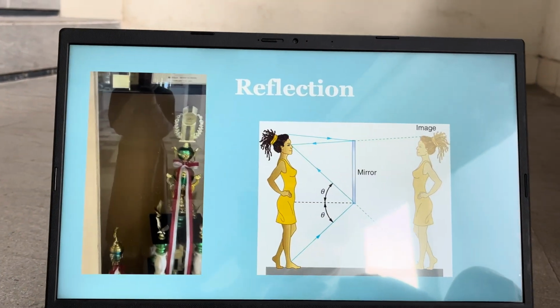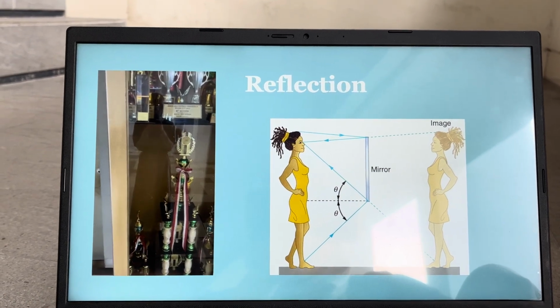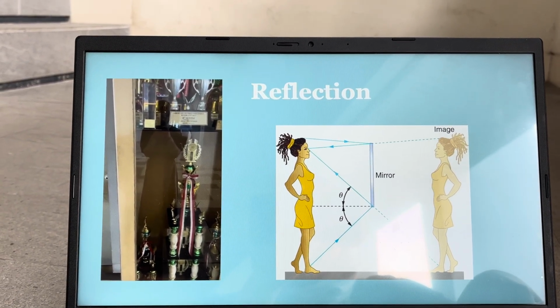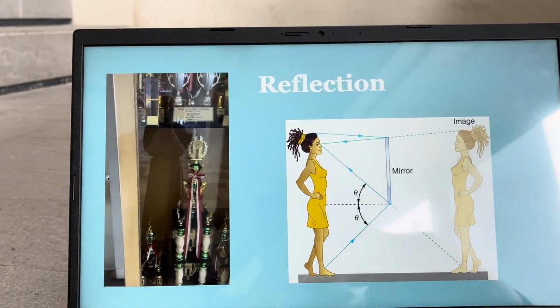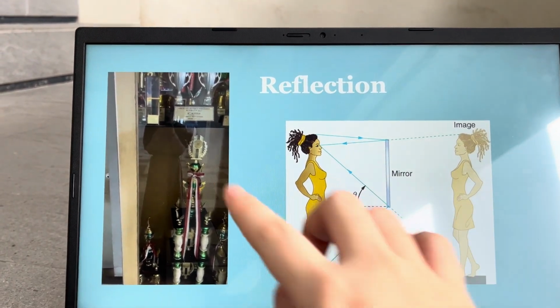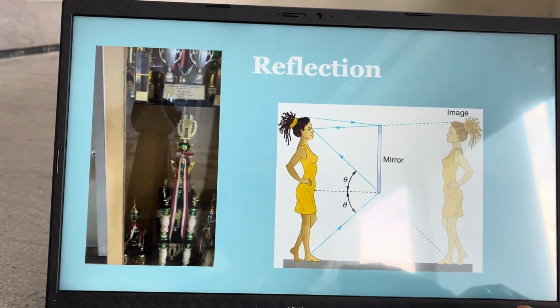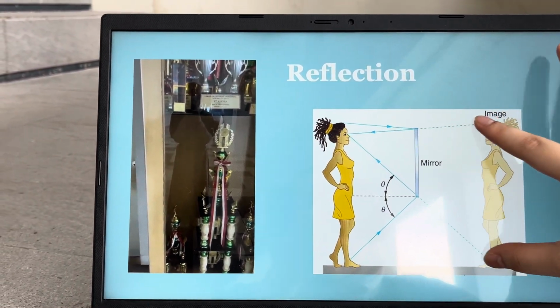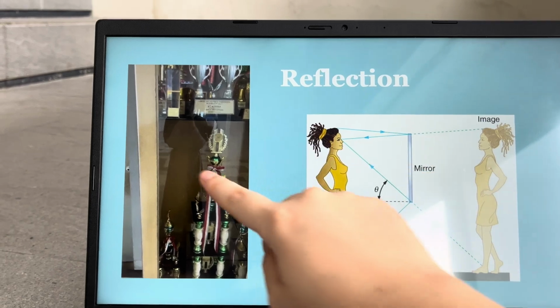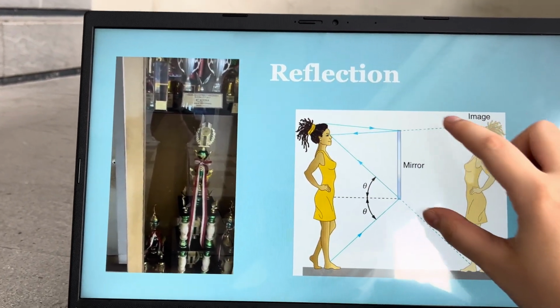Okay. So this is a demonstration of reflection in real life. You would look at a mirror, or you would look at a glass, and you would see a reflection, and it will seem as if you are in front of and behind this surface. Well, it's not.